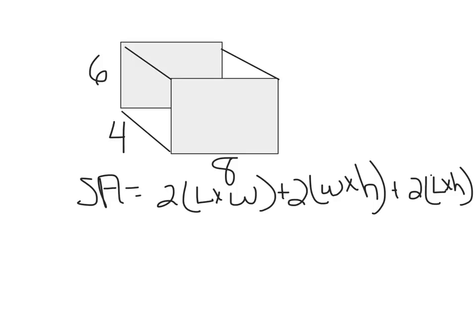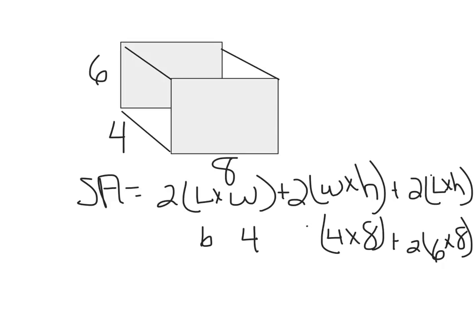So we're going to plug a 6 in anytime you see an L. We're going to plug a 4 in anytime you see a W. And we're going to plug an 8 in anytime we see an H. And so we times these. Oops, that's a times. And then we have to times it by 2. Times these. Times it by 2. Times these.